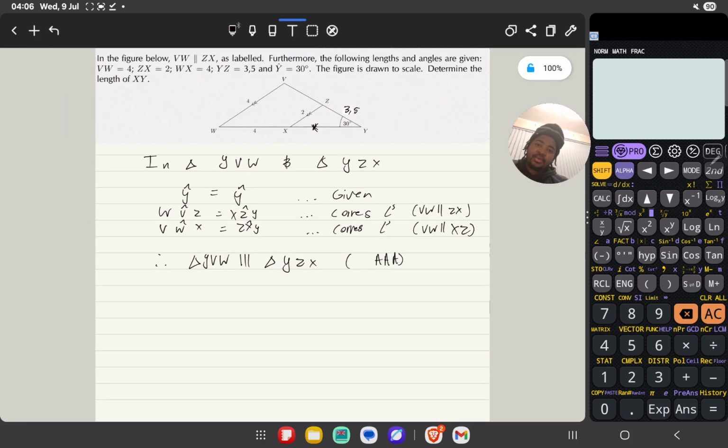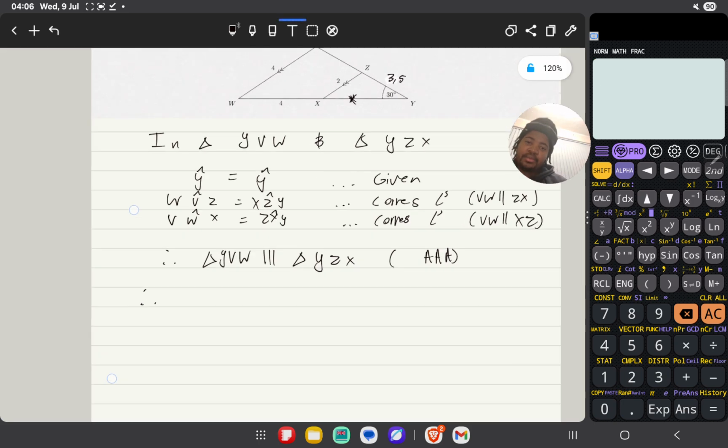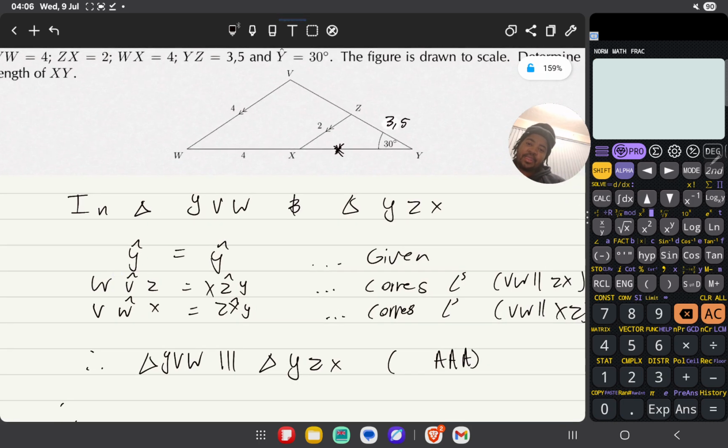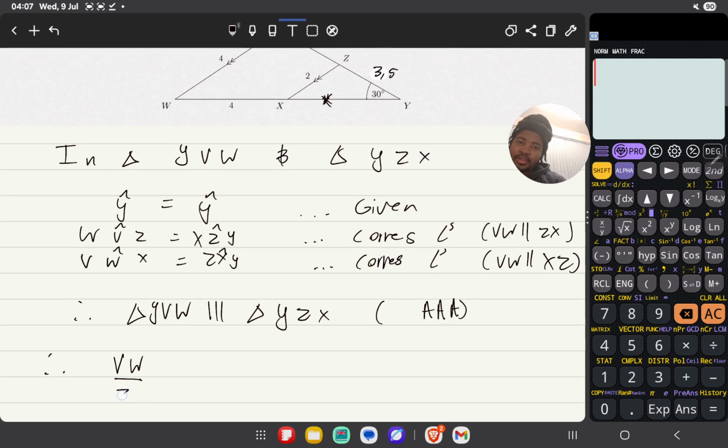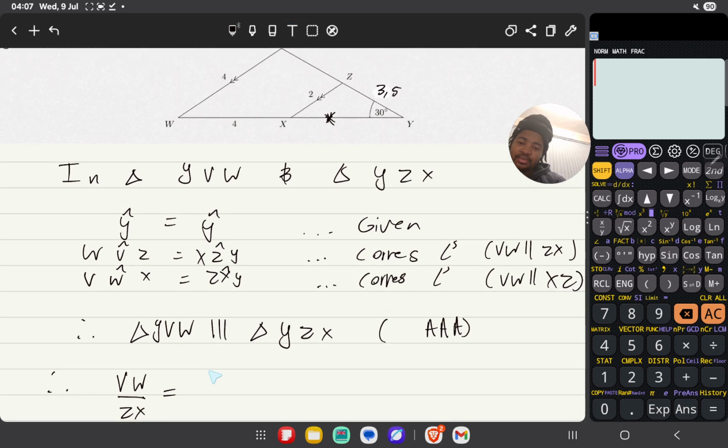Then I will say, therefore, it must be the case that VW over ZX is equal to YW over YX.